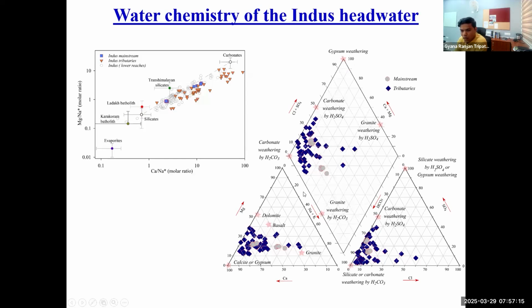So when we plotted all our data, what we saw is that most of the data fall closer to carbonate weathering by sulfuric acid and can be explained as a mixture of carbonic acid and sulfuric acid. So it's not completely 100% carbonic acid, but there are three components which could be important. One is silicate weathering by carbonic acid, carbonate weathering by sulfuric acid, and carbonate weathering by carbonic acid. So we now need to quantify, or do a source apportionment modeling, to find how much is coming from the sulfuric acid, because that is of prime interest for today's talk.